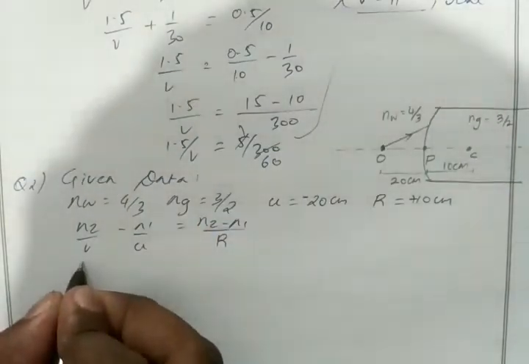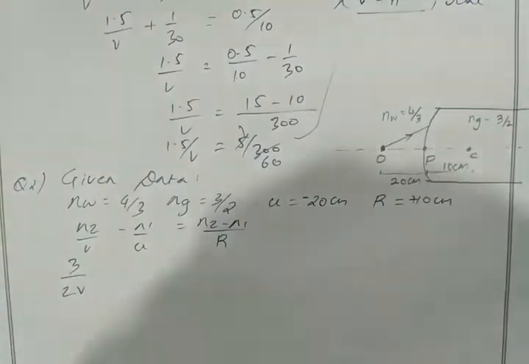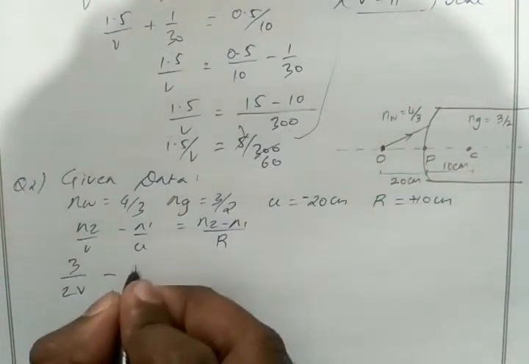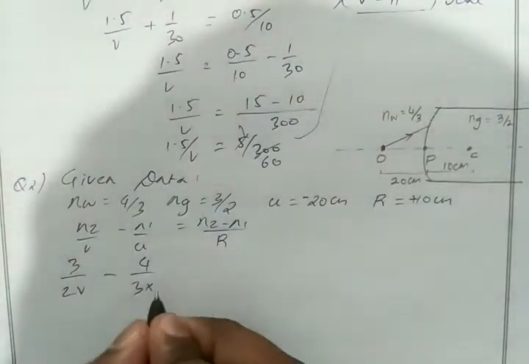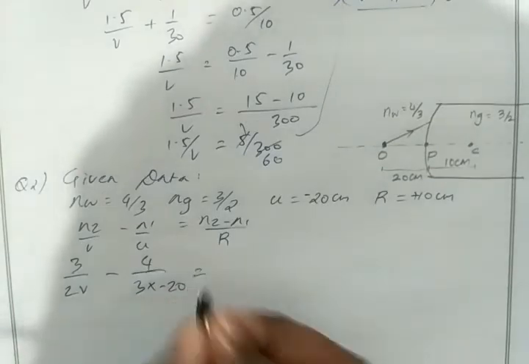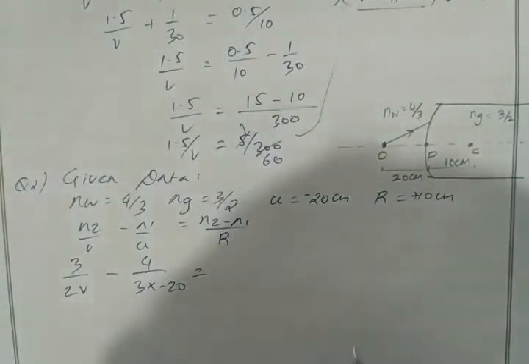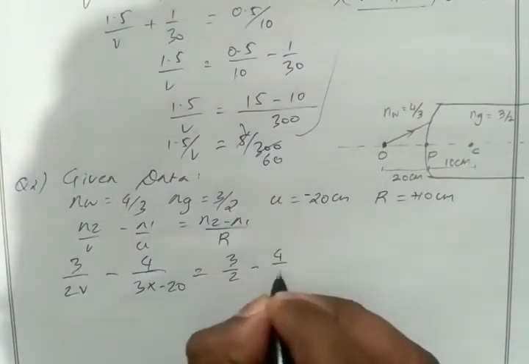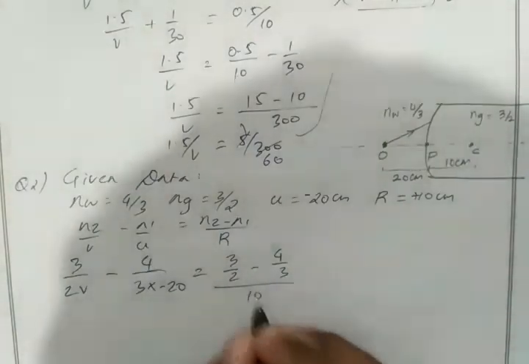So for glass, 3 by 2v, we have to find v, minus n1, 4 by 3. The u value is given as minus 20, so minus 20, equal to n2 minus n1, so 3 by 2 minus 4 by 3, divided by radius of curvature 10 centimeter.